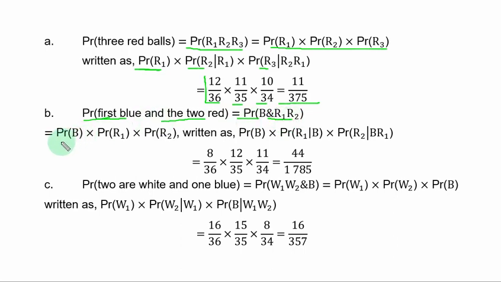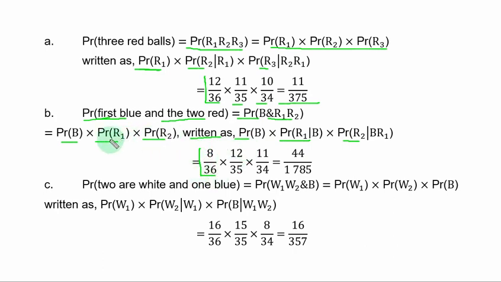The first is blue times the second is red times the third is red, written as probability blue times probability red, given that the first is blue, times probability red again, given that the first is blue and the second is red. So number of blue balls, they are 8 over total 36.